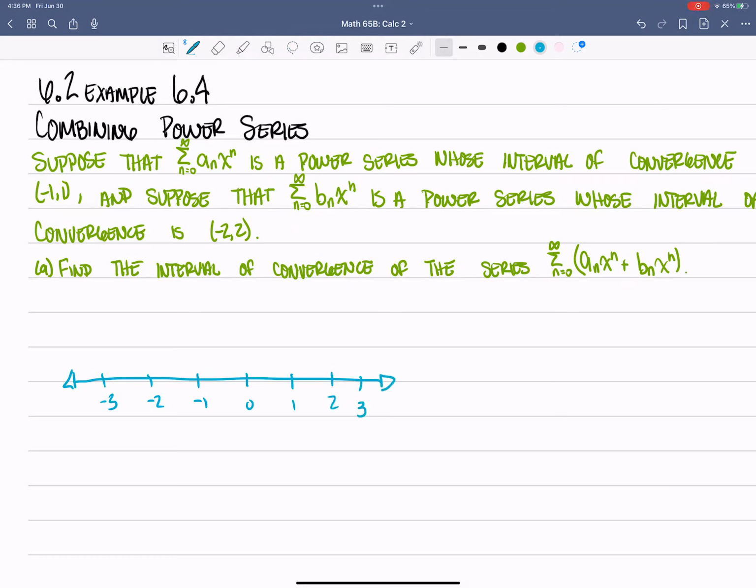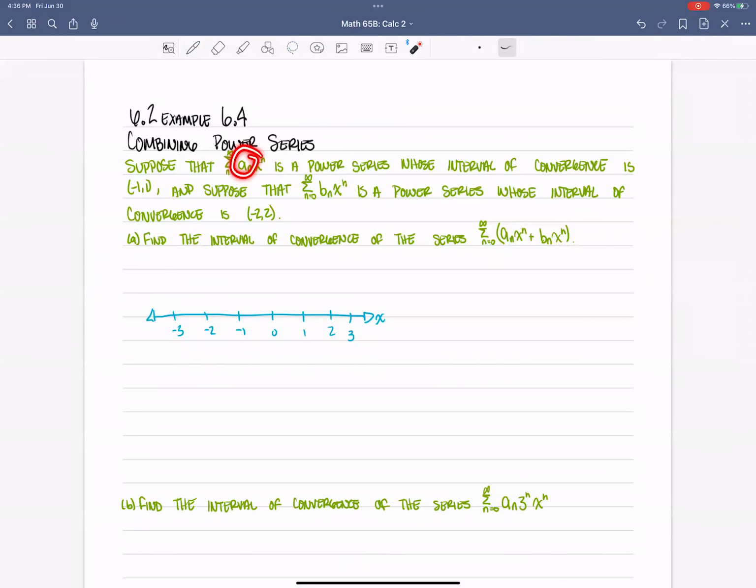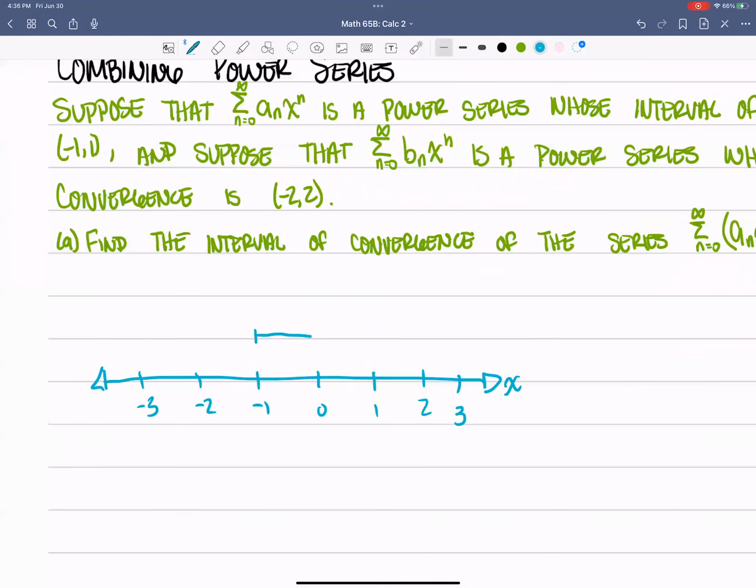These values are x values. Convergence for A sub n goes from -1 to 1, so this is where A sub n converges. We know that for sure. And B sub n converges from -2 all the way up to 2.